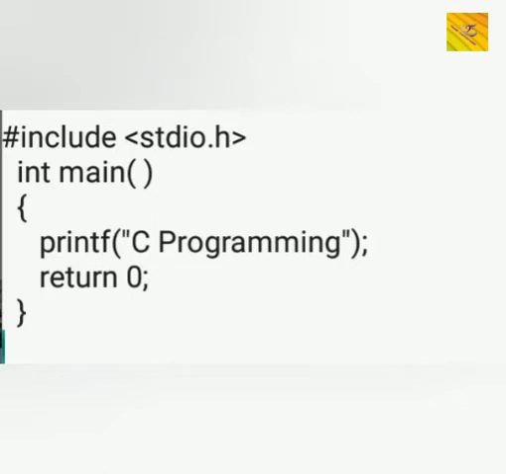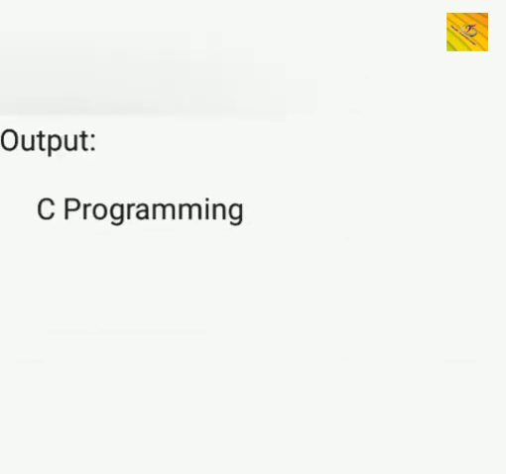After writing this, we have to give a semicolon, then return 0 and semicolon, and then close braces. As the output, C programming will be printed using the printf function.